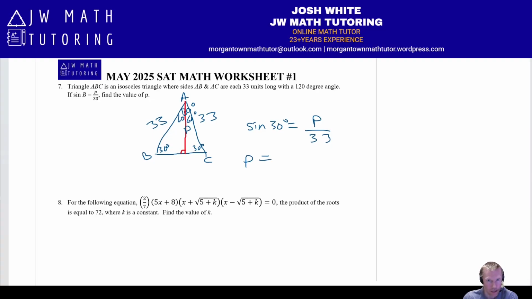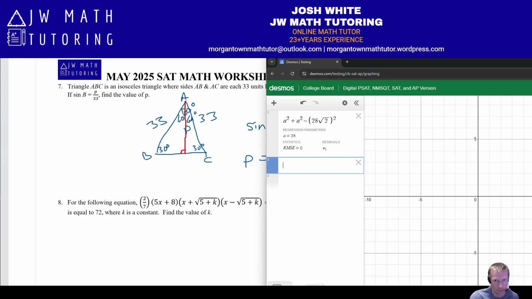So the value of P is just going to equal 33 times the sine of 30 degrees. If you know the sine of 30, it's just 1/2, if you've memorized it from the unit circle. But if not, of course, you could just go to Desmos and figure it out from there.